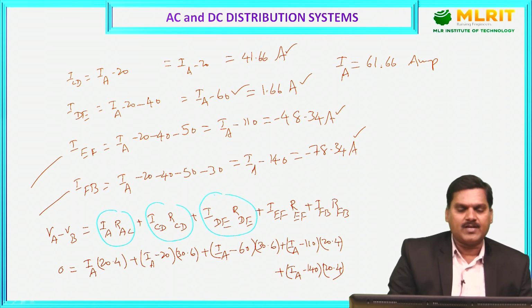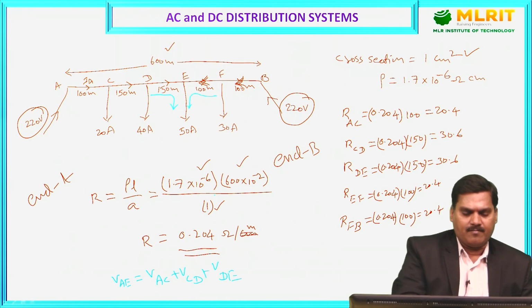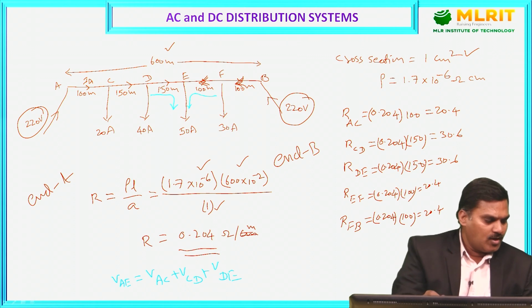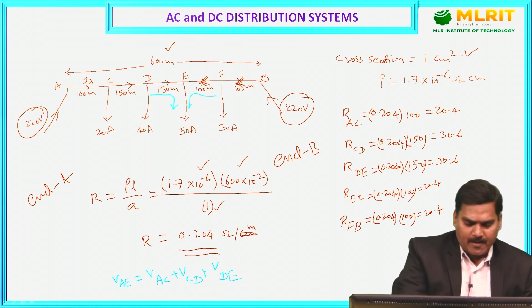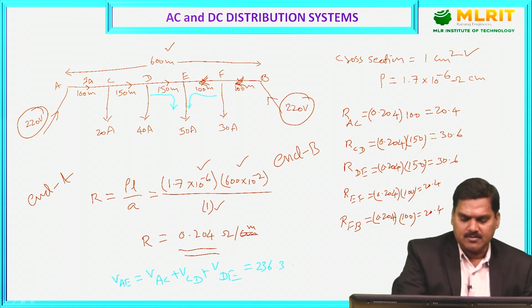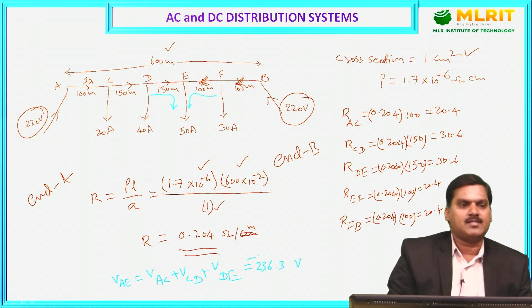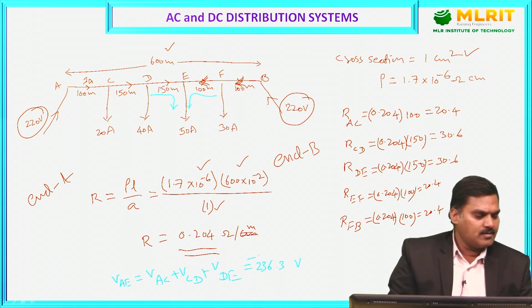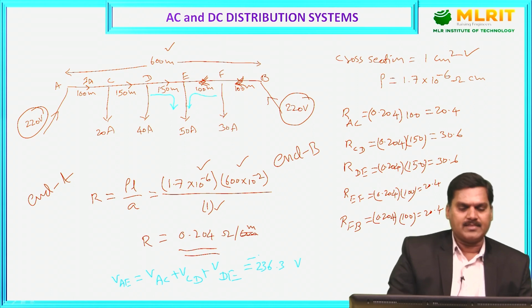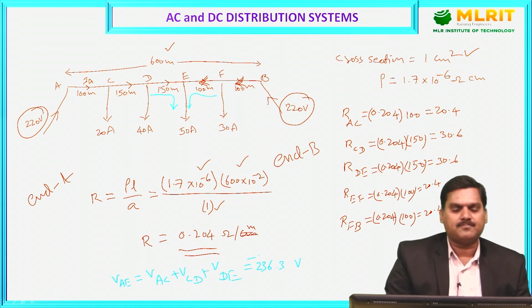If you add up these three, we get VAE. The VAE comes around minus 23.7, it is 236.3 volts. So that is the minimum voltage at point E. Like that we can calculate by using this.